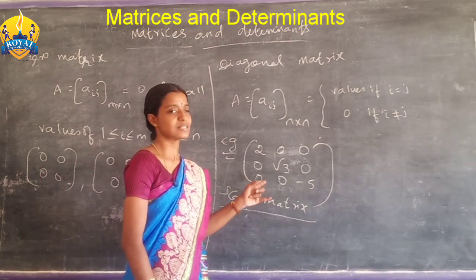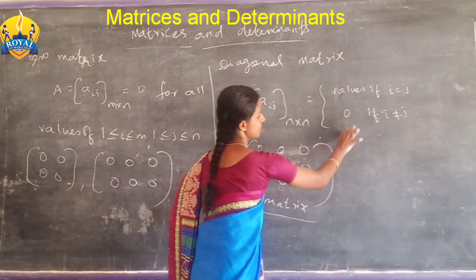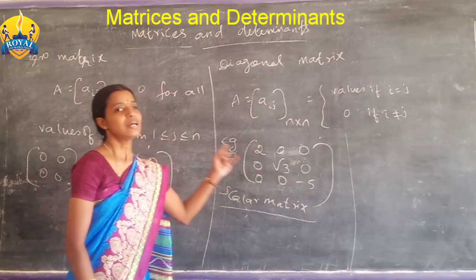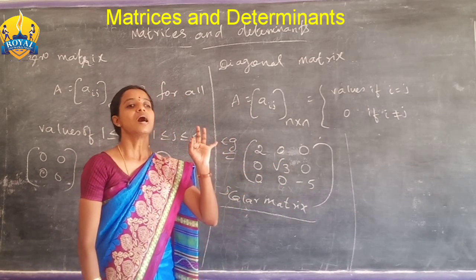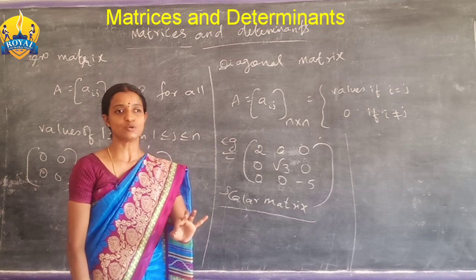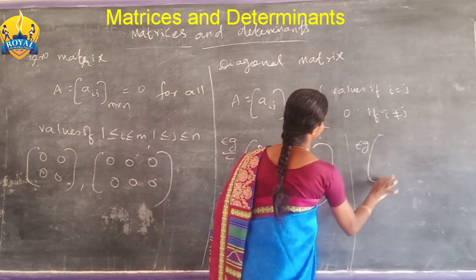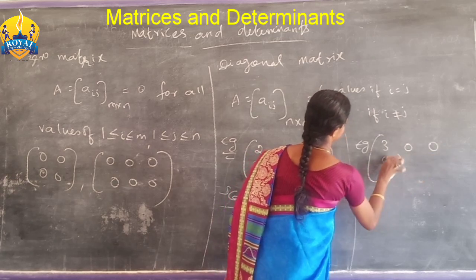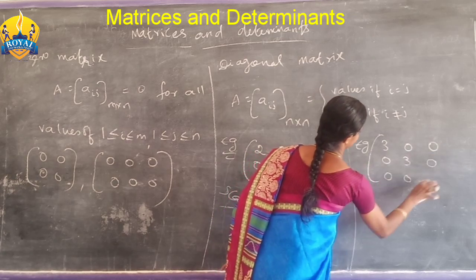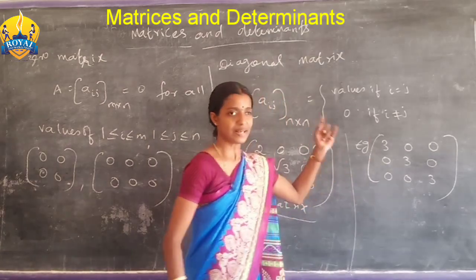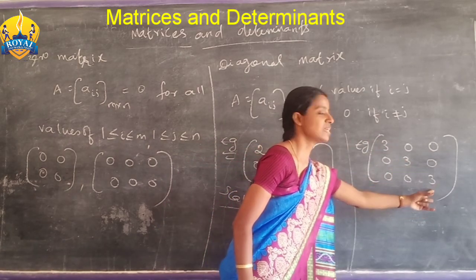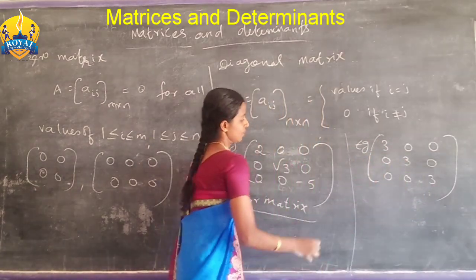So, a diagonal matrix is said to be a scalar matrix if all my diagonal elements are equal to the same value, the same number. Say for example, all my diagonal elements here are equal to 3.